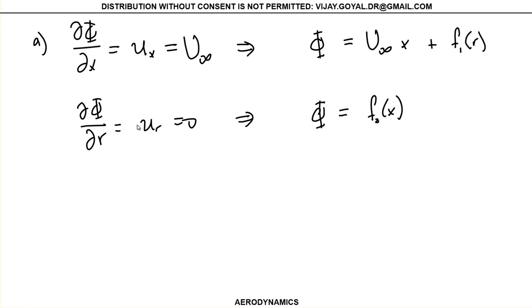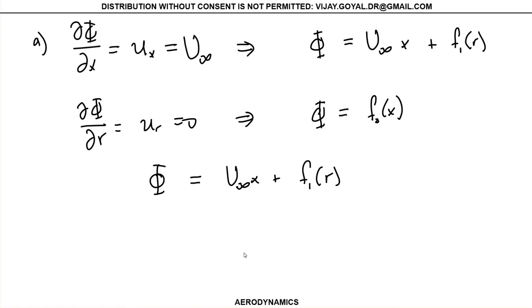Okay, so when I compare these two equations, one has to be a function of r and x, and the other a function of x alone. When I compare these, I can say, you know one thing? It looks like my function is actually equal to u of x, because this seems to be this function, and then I just need a function of r, which is what's missing there.